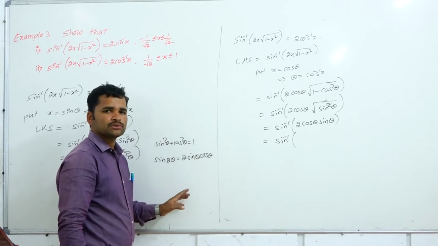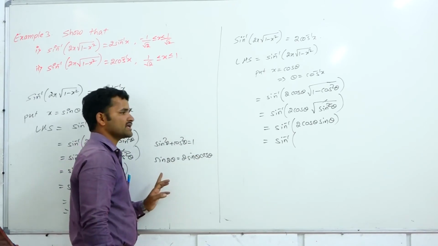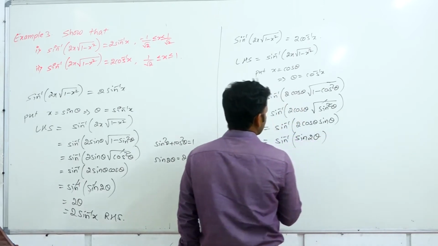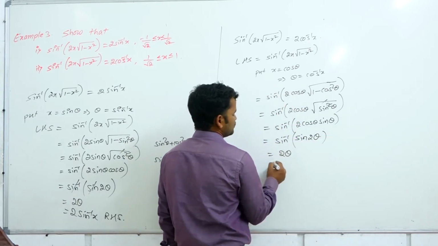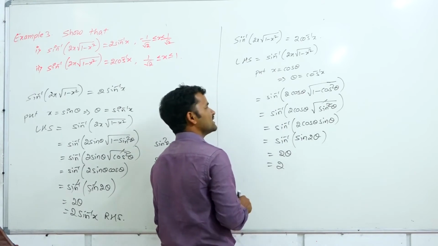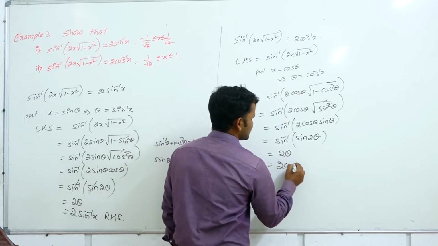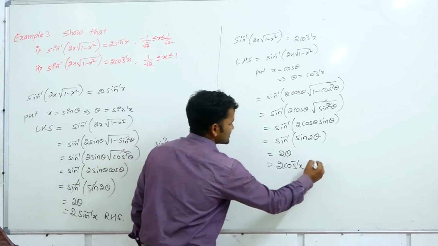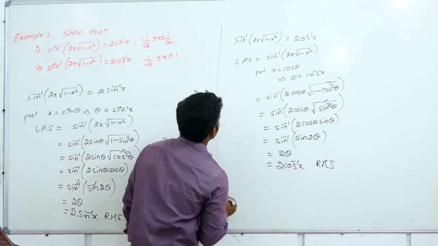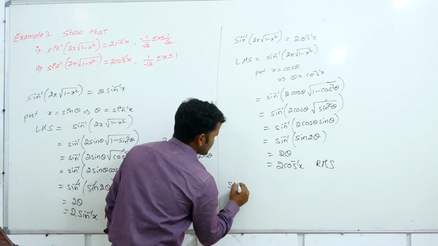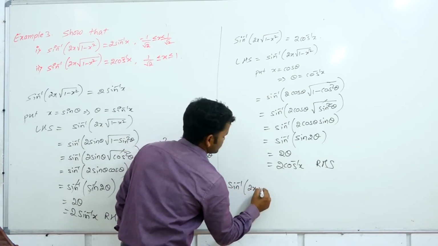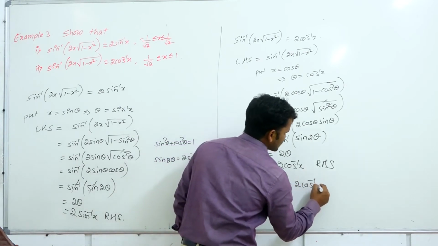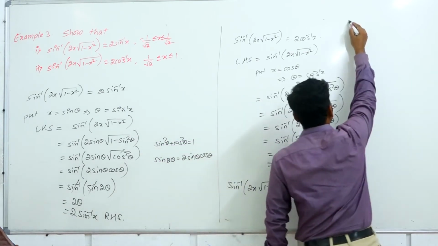We have 2 times sin theta into cos theta can be written as sin 2 theta. Sin inverse gets cancelled. We have 2 theta, 2 into, what is theta? Theta is nothing but cos inverse of x. Okay, hence this is nothing but RHS. Hence we have proved 2 times sin inverse of 2x into square root of 1 minus x square is equal to 2 times cos inverse of x.